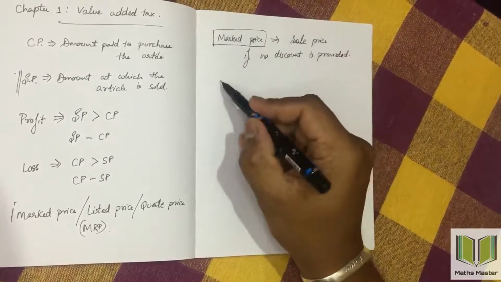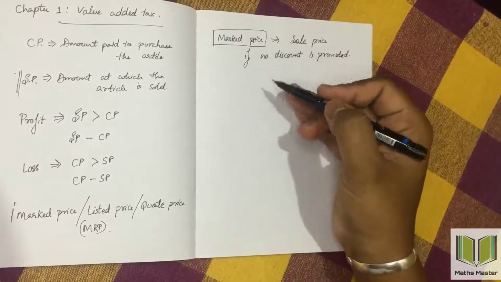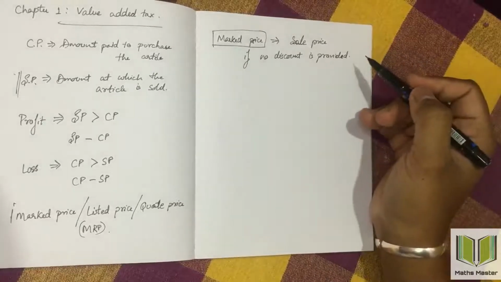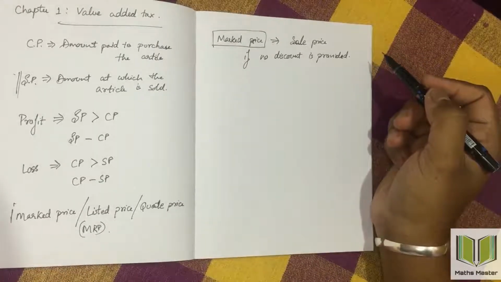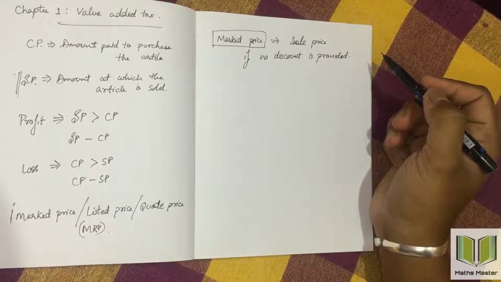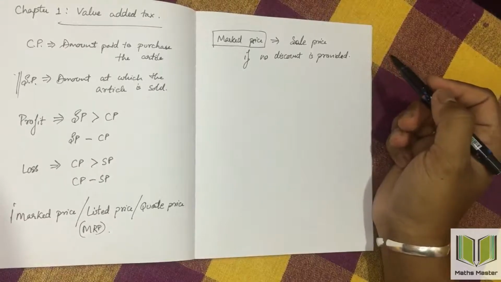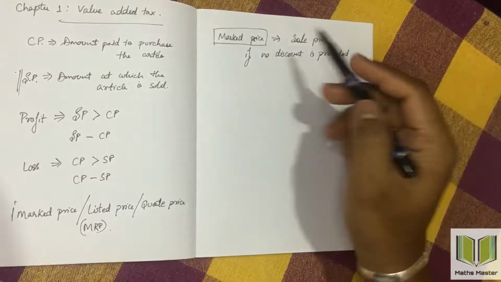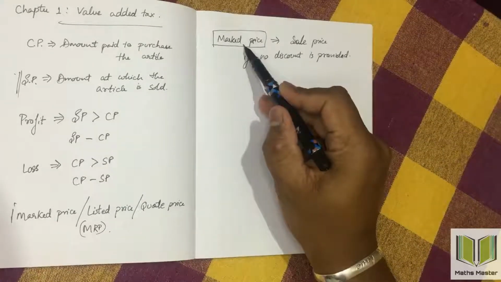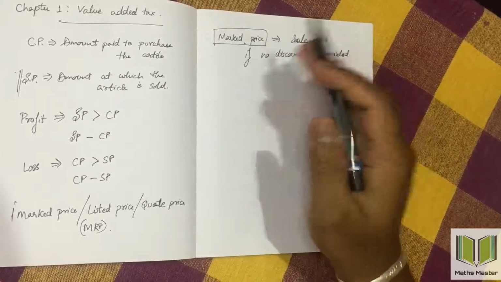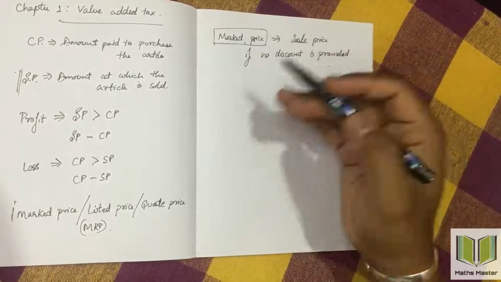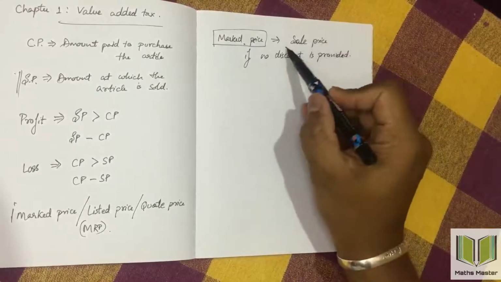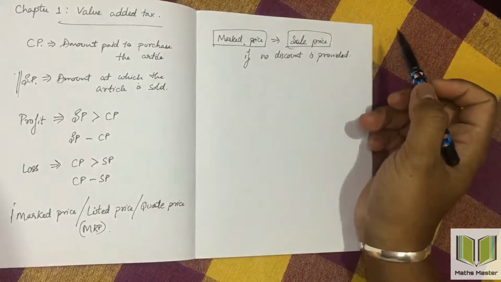If a vendor says there is a discount in his store for purchasing certain items, like a discount of 10% or 5%, usually the discount will be announced in terms of percentage. Now if they mention the discount is 10%, whatever the market price be, 10% less for that amount will be the sale price from that particular vendor.